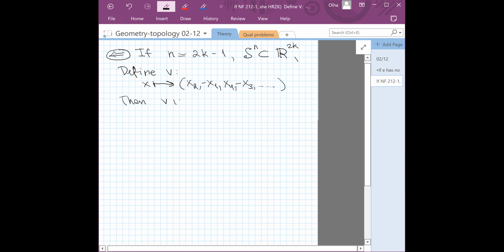Then V is continuous, and V of X is perpendicular to X, which means that V is a continuous non-zero vector field. So we're good.